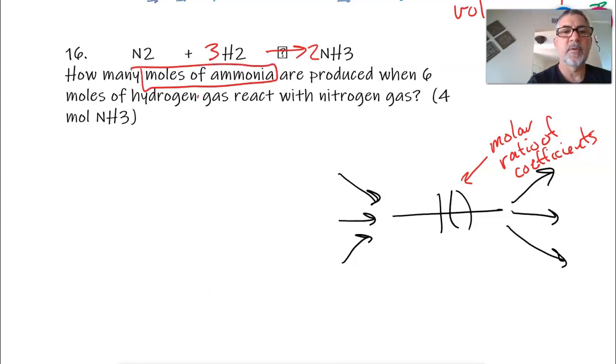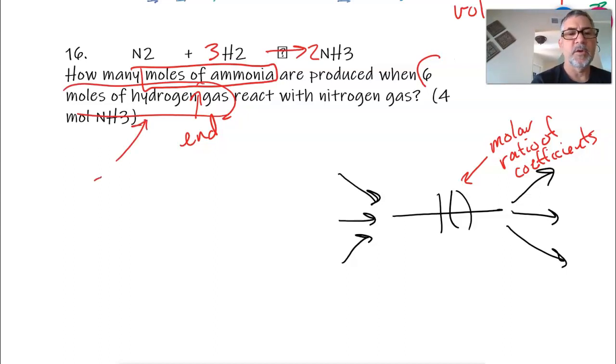That's our end, and I used a circle for that earlier, so let me use a circle: moles of hydrogen gas. This is our start.